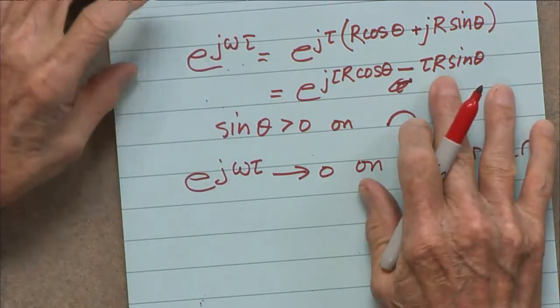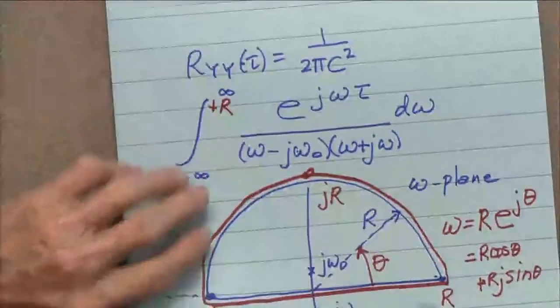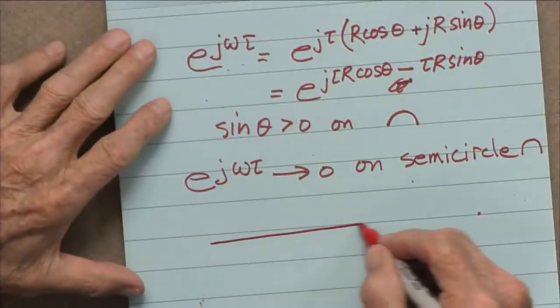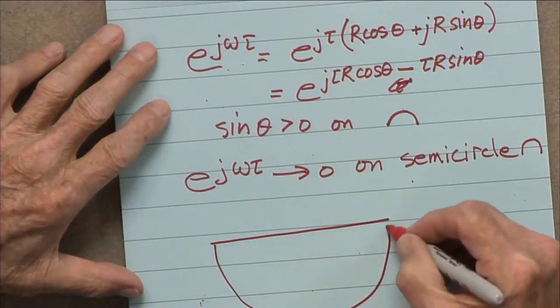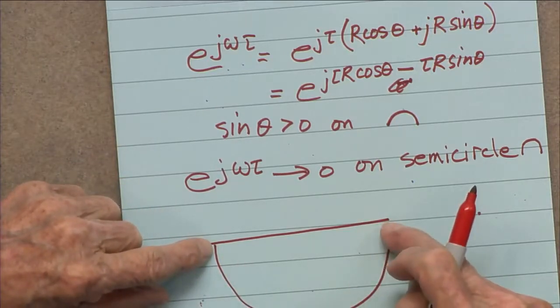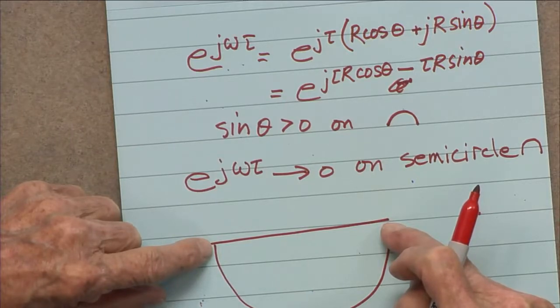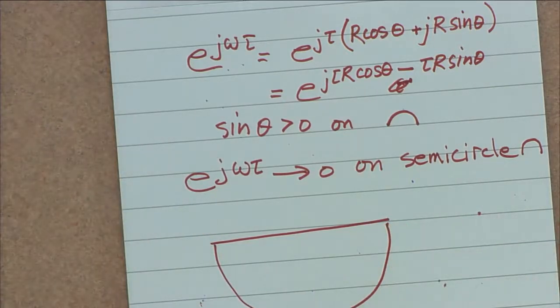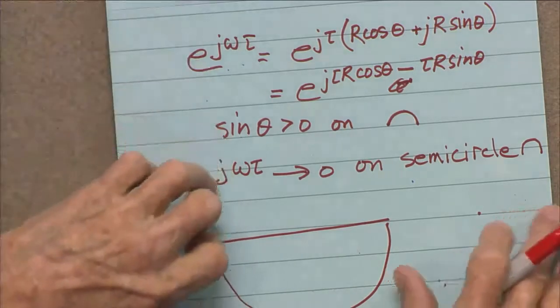Look, if we chose the contour down below, theta would vary from pi to 2 pi, and sine theta would be negative, so it would blow up if tau is positive.